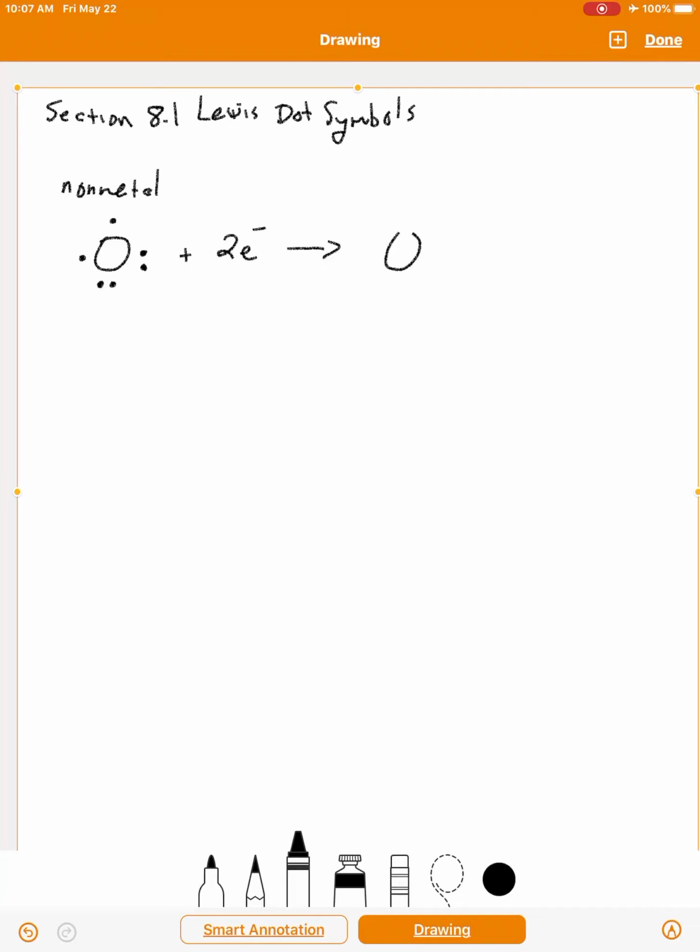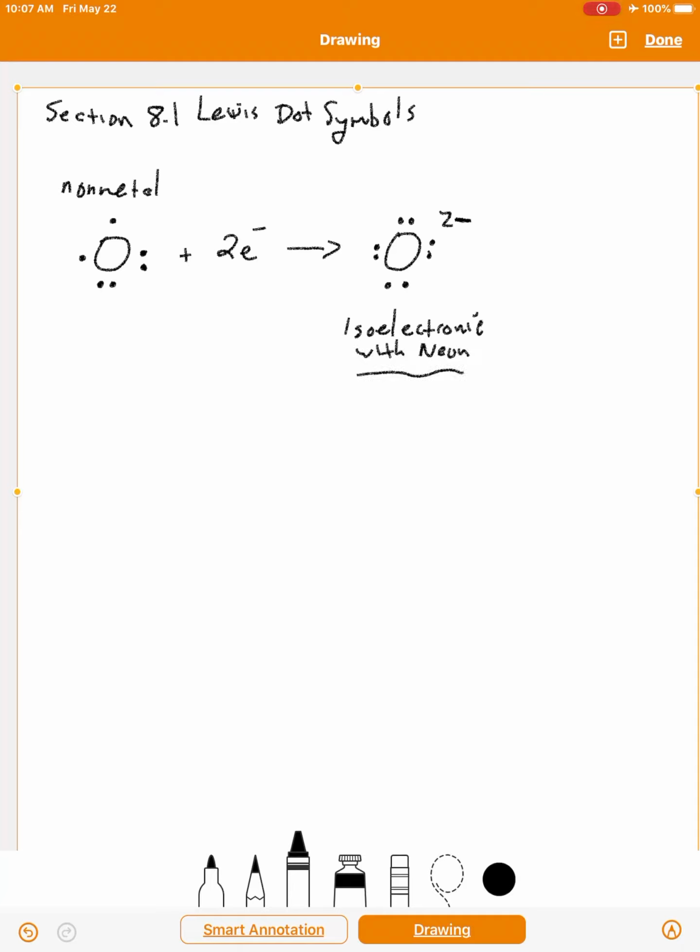If you gave it 2 more dots, now it would have 2 dots here on the left, and 2 dots here at the top. It's now got a charge of -2, right? By gaining those 2 electrons, it's -2. And we would claim it is now isoelectronic with neon.